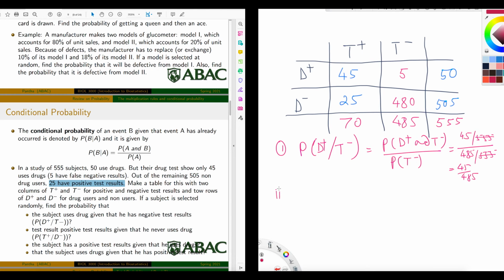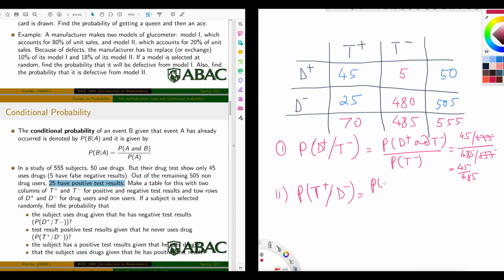How about the second one? It says, find the probability that the person has a positive test result, T plus, given that he never uses drugs, that he is not a drug user. That's what you want to find out. If you select one person randomly, what is the probability that the person has a positive test result, given that he never used the drug? He is in this group, but you want to find out the probability that he has a positive test result, okay?